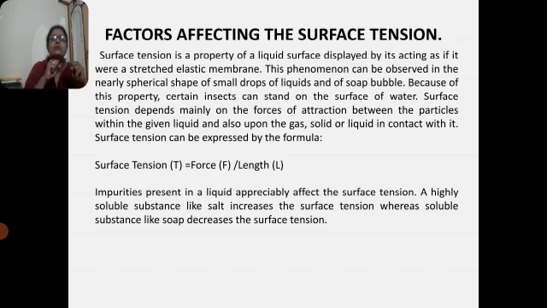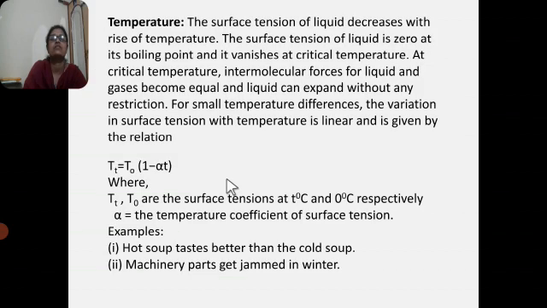Impurities present in a liquid appreciably affect the surface tension. A highly soluble substance like salt increases the surface tension, whereas a sparingly soluble substance like soap decreases the surface tension. So there are two factors which are affecting the surface tension: the temperature and also the impurities.